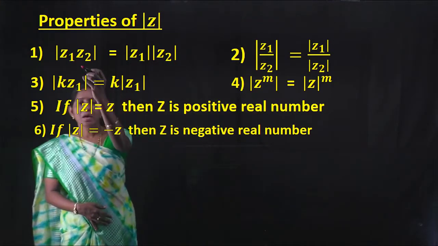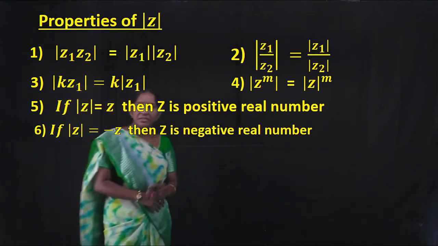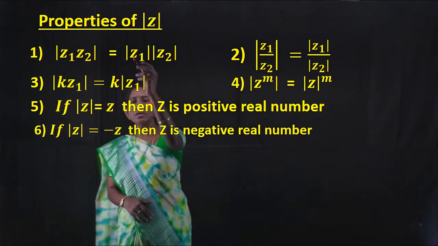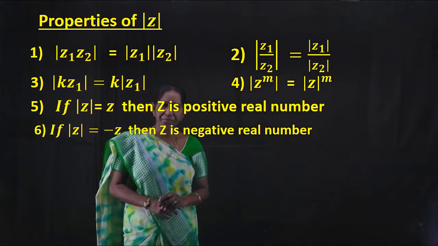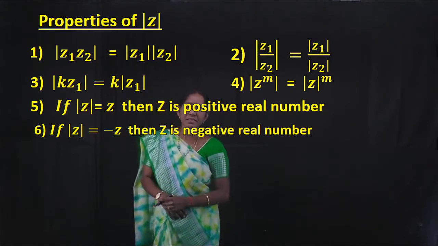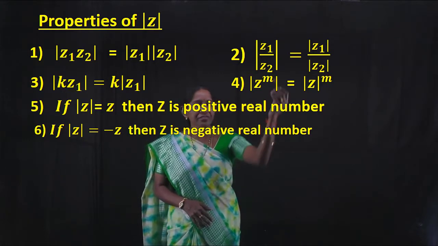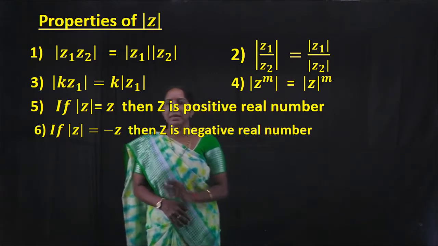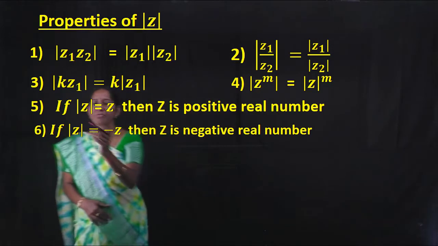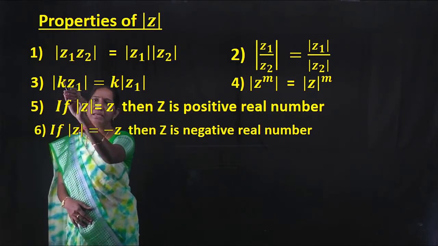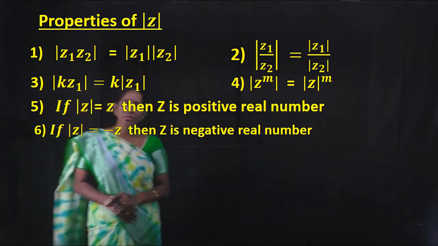Now let us see properties of mod Z. First one is modulus of Z1 into Z2, that is equal to mod Z1 into mod Z2. And second one is modulus of Z1 by Z2, that is equal to mod Z1 by mod Z2. And third one is modulus of K into Z1, that is equal to K into mod Z1.